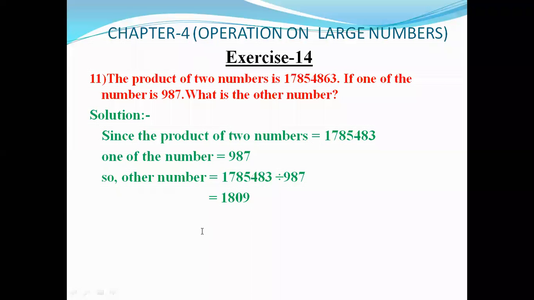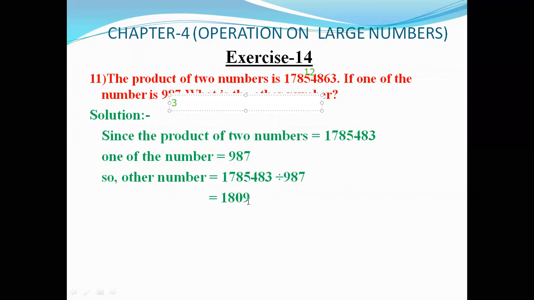We will try to understand by taking some smaller numbers. Suppose the product of the two numbers is 12. If one of the numbers is 3, what is the other number? According to this, we can make an equation.